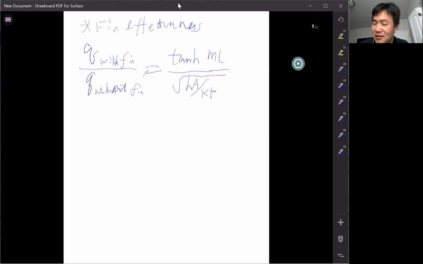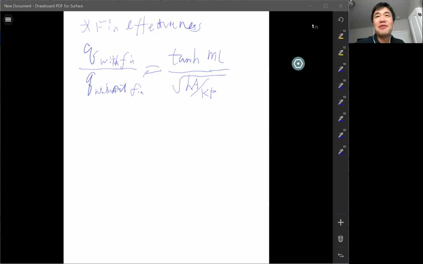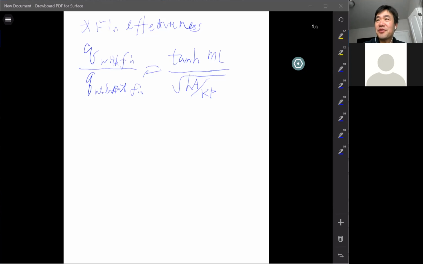Do you know what the definition for the efficiency is? Still remember? Anybody? Efficiency is actual heat transfer over heat transfer if the entire fin was at the base temperature. That's right. Efficiency is the actual heat transfer versus the ideal heat transfer with the fin.